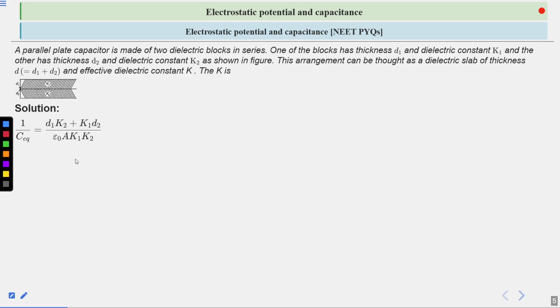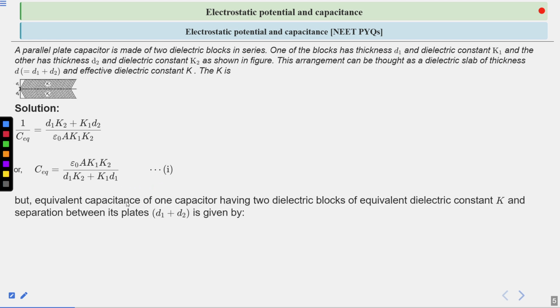Now we will assume this as a whole capacitor, having two dielectric blocks, as given. So C equivalent will be epsilon naught A K1 K2 upon D1 K2 plus K1 D2, which is marked as equation 1.